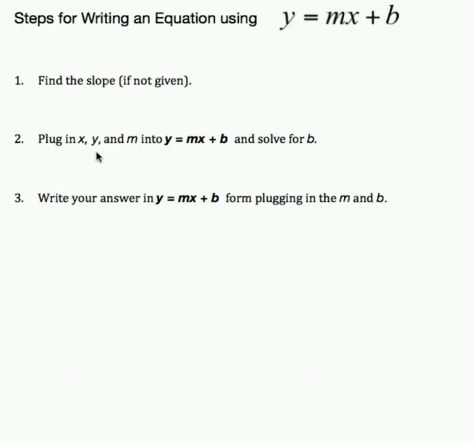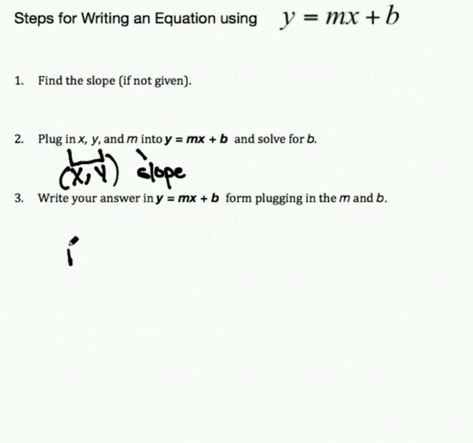Okay, so let's recall the x and the y right here are going to be the ordered pair that they give you. Then we know that m is the slope. So we're going to plug in an ordered pair of an x value, a y value, and the slope. That means that b is going to be a variable, so I'm going to have to solve for b. Then finally I'm going to write my answer in y equals mx plus b form.